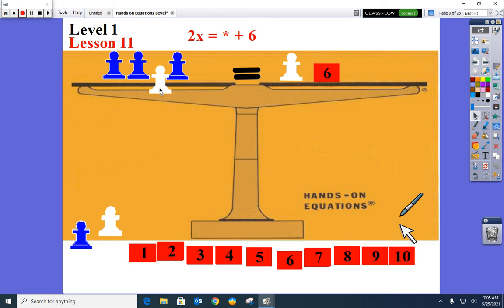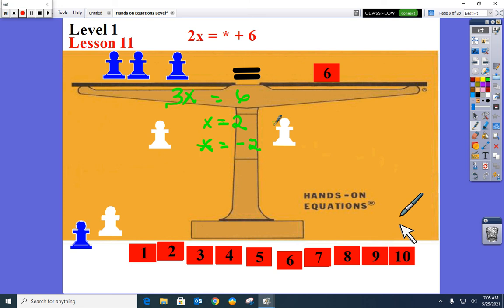Now I can remove a star from both sides. That leaves me with 3x equals 6, so that means x would equal 2. And if x is 2, that means star is the opposite of 2, which would be negative 2.